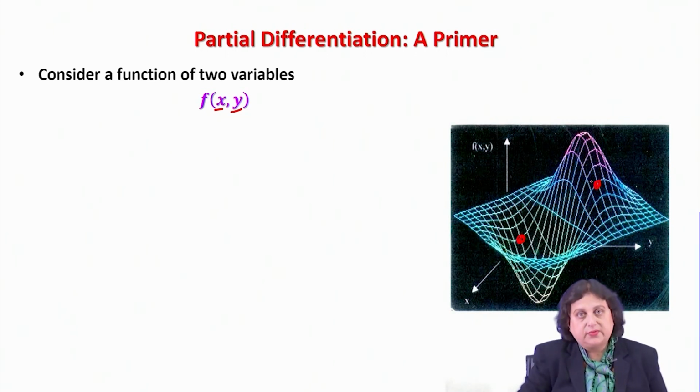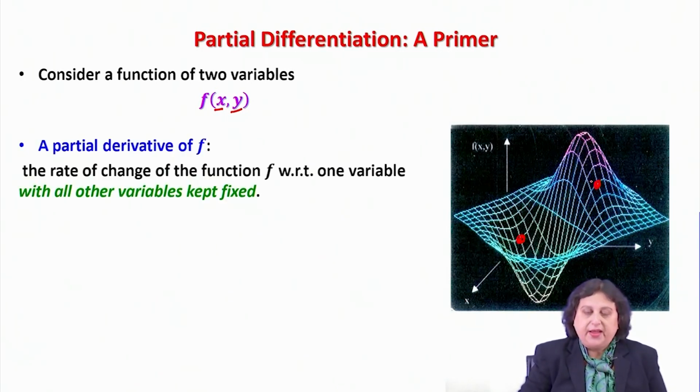Now we are asking the question, what is the partial derivative of f? That is defined as the rate of change of the function f with respect to one variable with all other variables kept fixed. So in this case, how many independent variables do you have? We have two independent variables x and y.